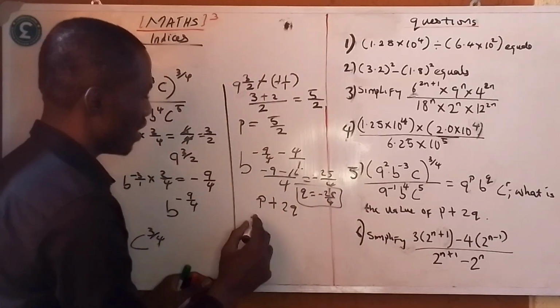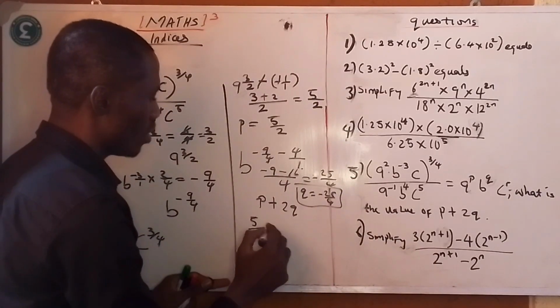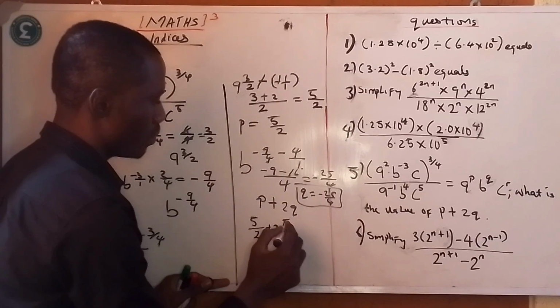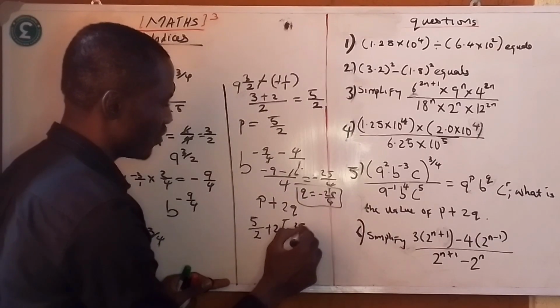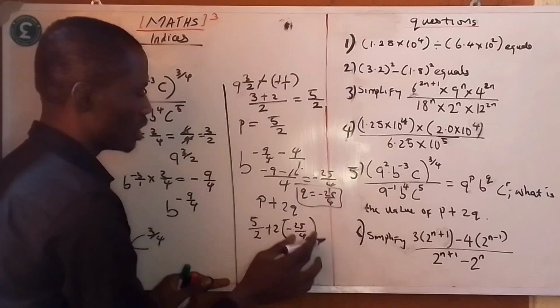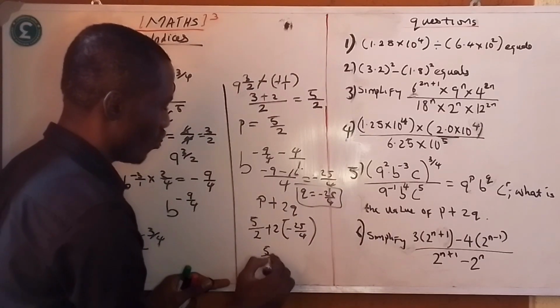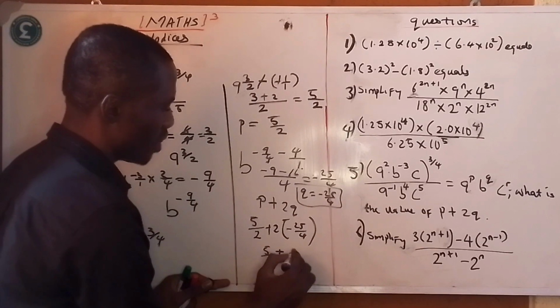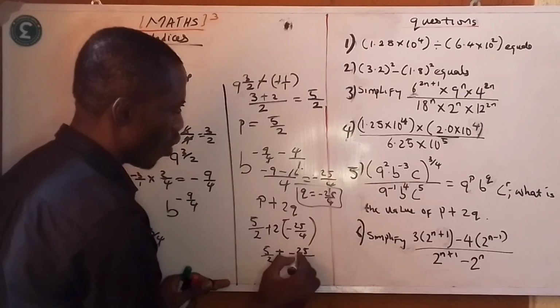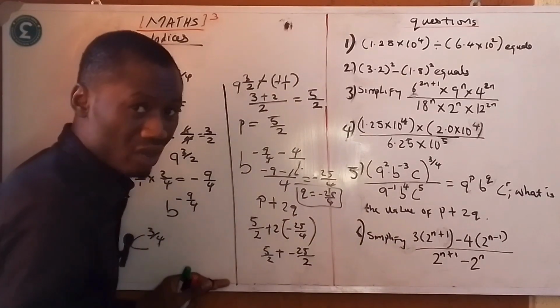So what we have now is 5 over 2 plus 2 times minus 25 over 4. If you multiply this, it is 5 over 2 plus minus 25 over 2. You can use your calculator and do that.